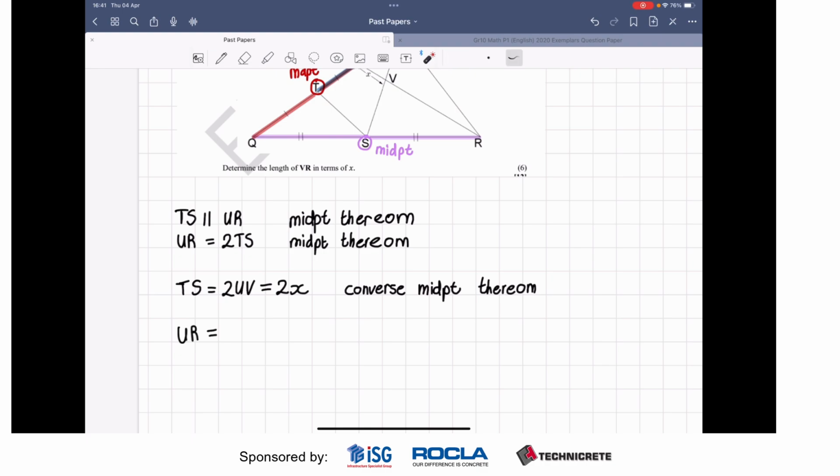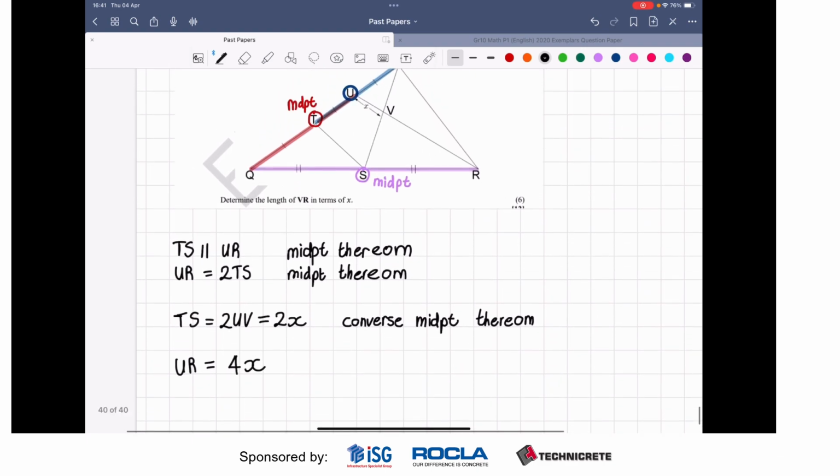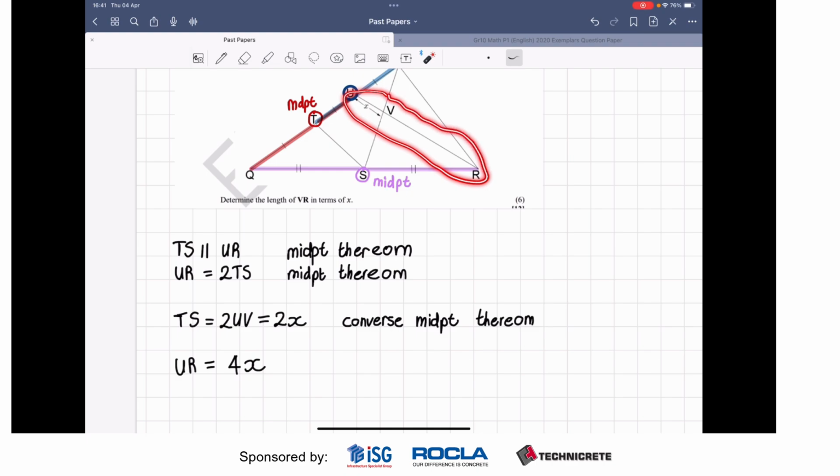So if UR was equal to 2TS and TS is equal to 2x, then UR is equal to 2 times 2x, which is 4x. So that's for the whole line UR, but I was given that UV is equal to x. So that means that VR is going to be equal to the whole of UR, which is 4x, minus just this 1x, and so VR is equal to 3x.